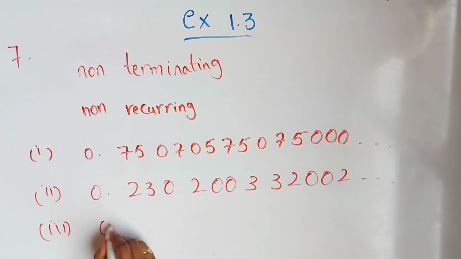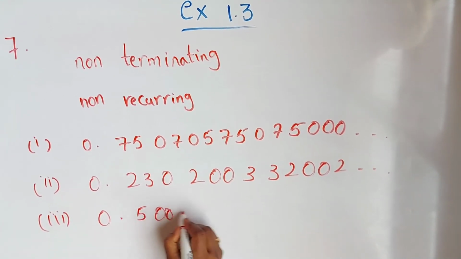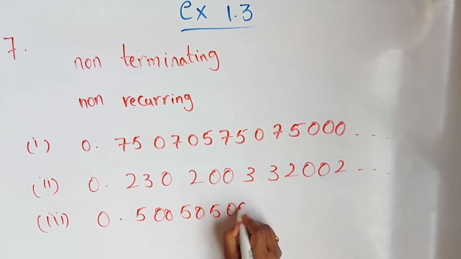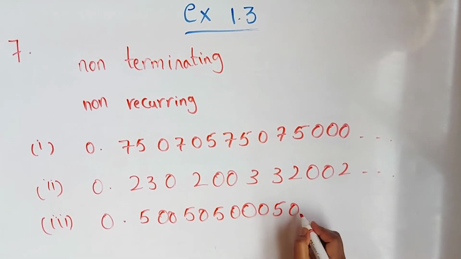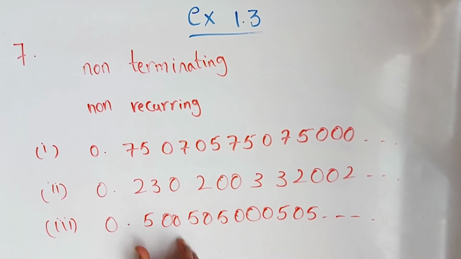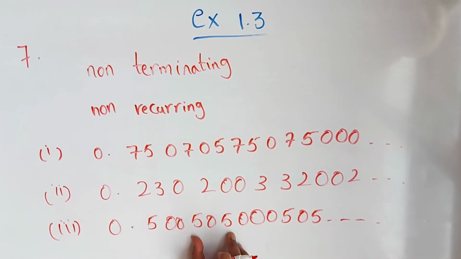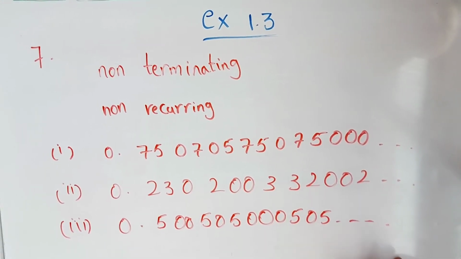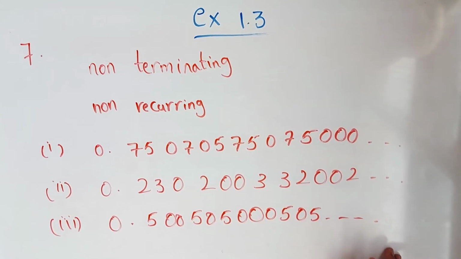And the third one, 0.500500505, so on. See, here not repeating the same digits. 500 here 505, here 000, not at all repeating. These are non-terminating, non-recurring decimal numbers.